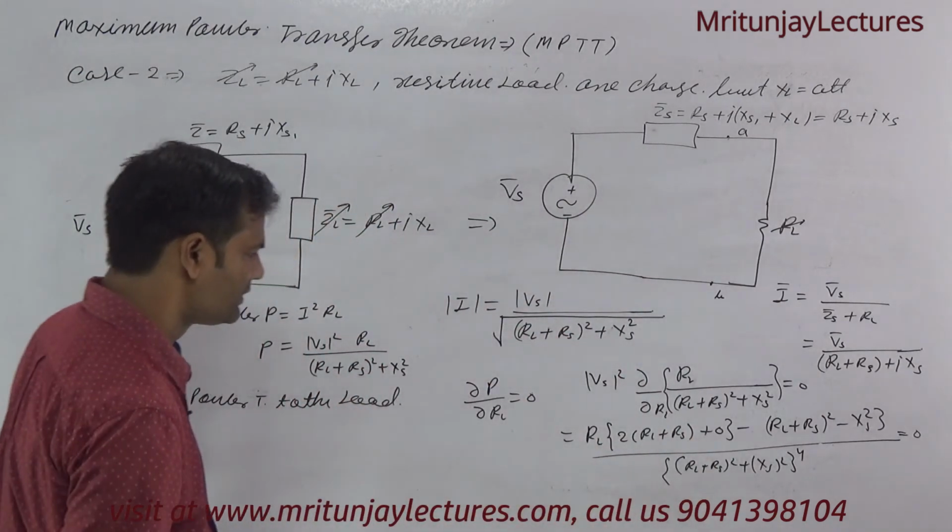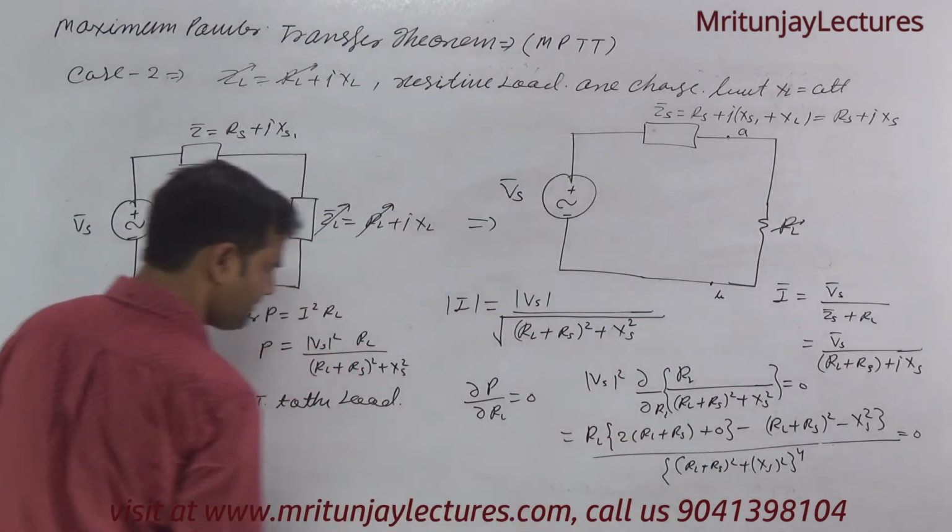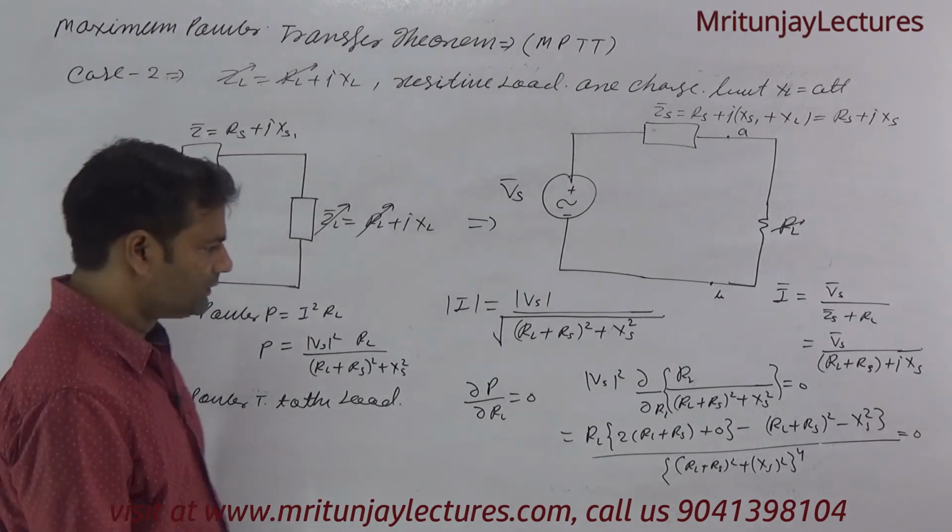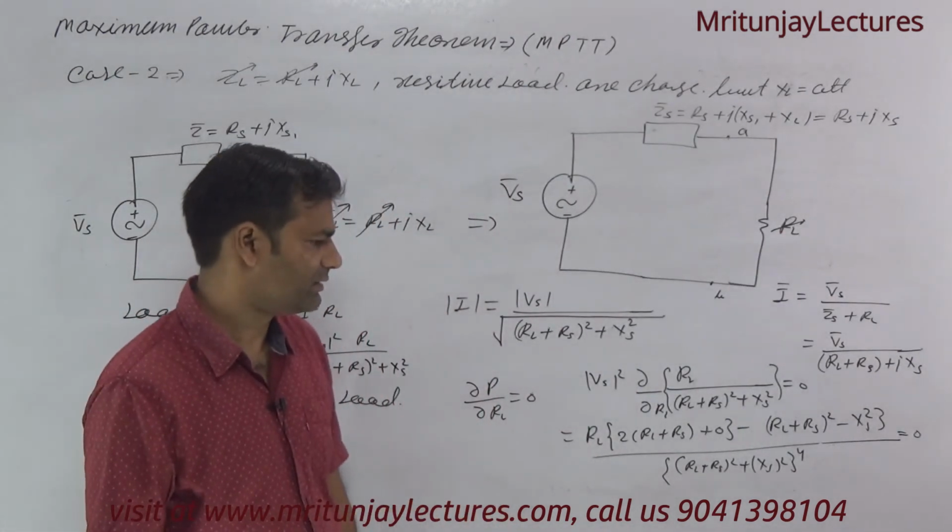Clear or not? Now if we multiply here by RL, is it clear or not?